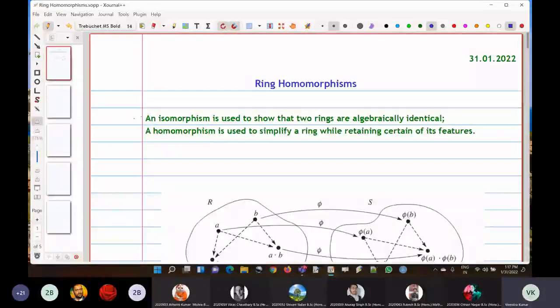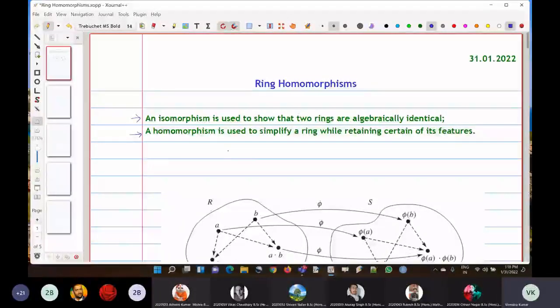Basically, when we talk about an isomorphism, we establish that if there are two objects, they are algebraically identical. And when we talk about homomorphism, we mean that they are retaining certain of their features.